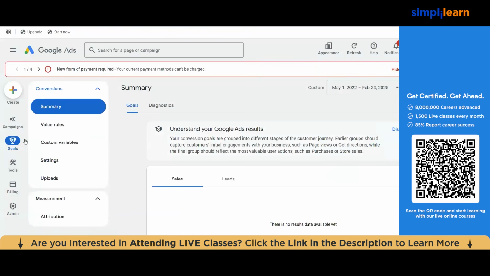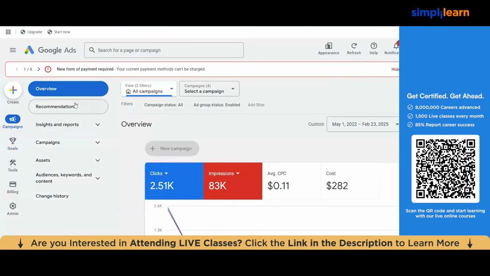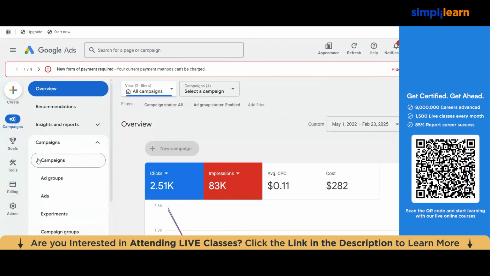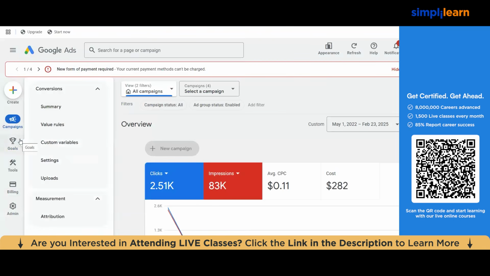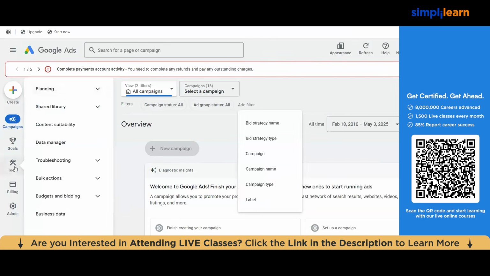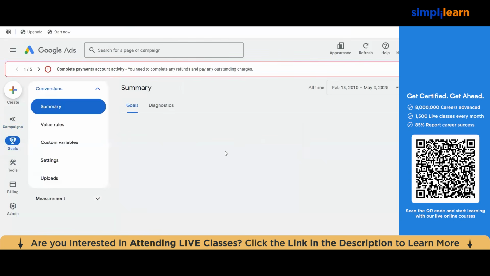Right. Once we go to goals, you will find, or maybe campaigns. Once again, let me just check, because they keep on changing some things and make it difficult for people to know. So we go to goals.